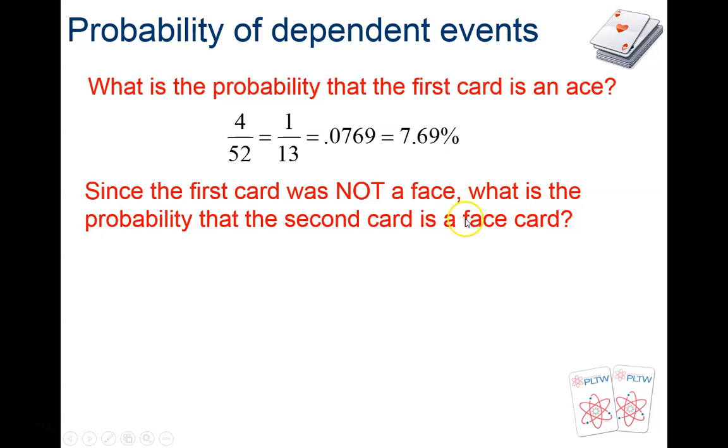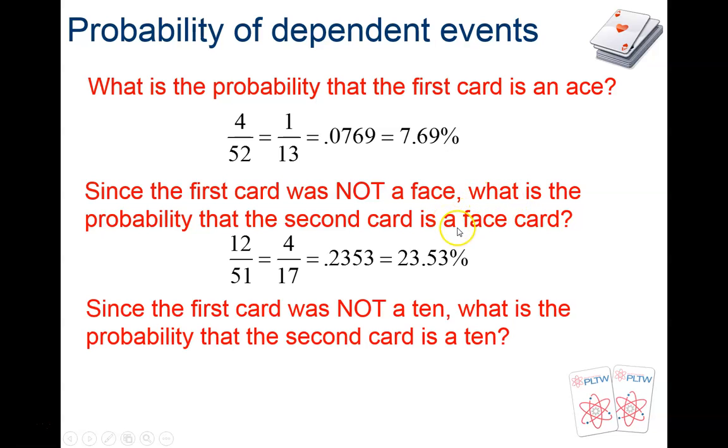What is the probability that the second card is a face card? We still have 12 face cards left, but we're short 1 card because we drew 1 out, so instead of 52, we've got 51. So that's 4/17, or pretty closely 23.5%.